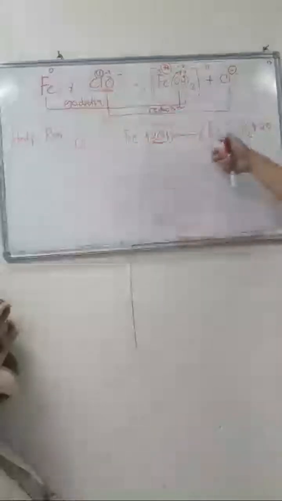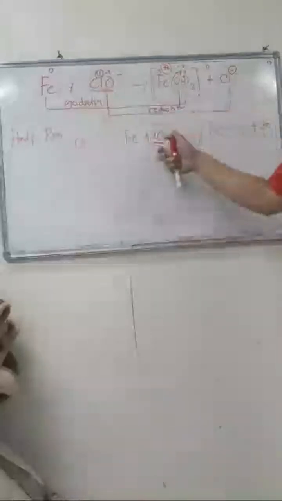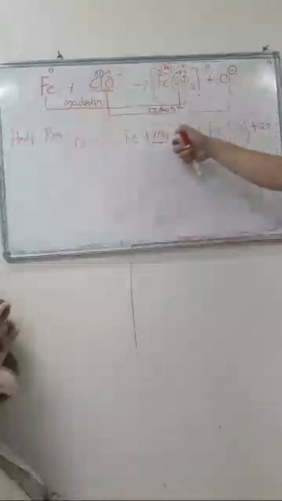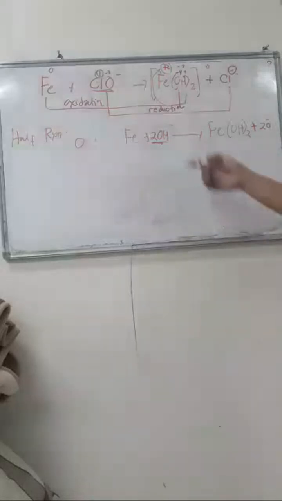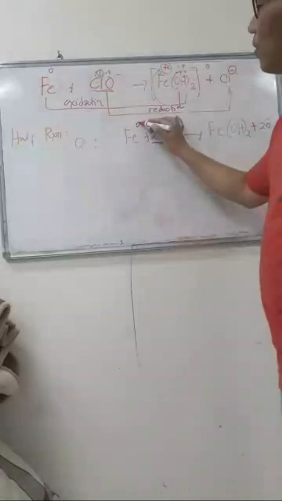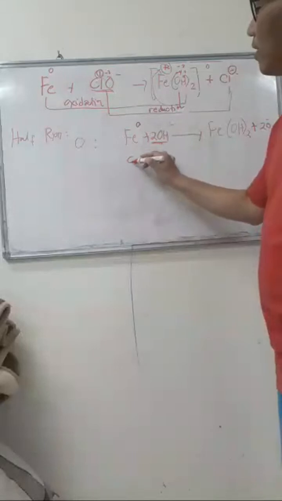Now, balance atoms. Iron, balanced. Oxygen, 2, balanced. Hydrogen, 2, balanced. Now, how about the charges? Let's balance the charges. Iron, solo, is 0; 0 times 1 is 0.